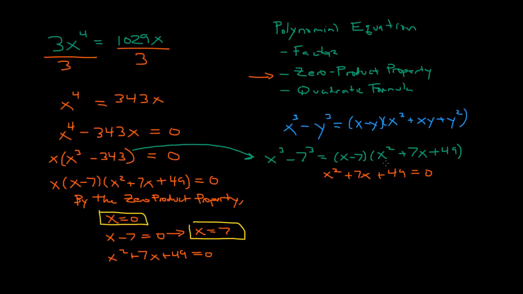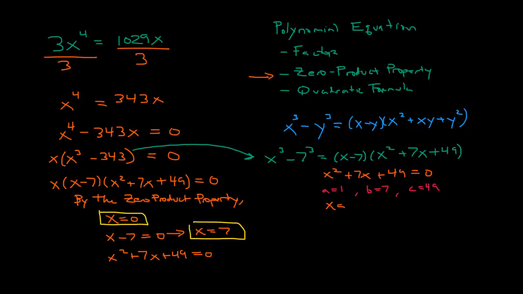Now, you probably want to use the quadratic formula. In fact, that's what I'll do here. It's good practice. So I can say that x equals, well, let's go ahead and label everything. We can say that a equals 1, b equals 7, and c equals 49.